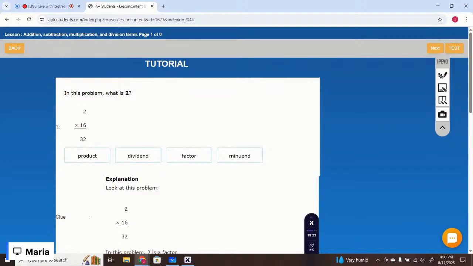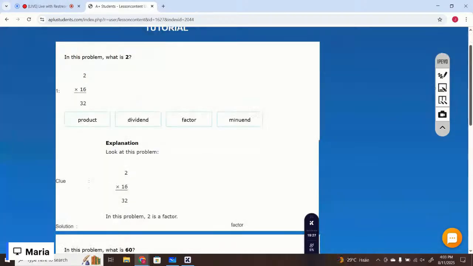In this problem, what is do? So 2 times, right? That means 16 and 2 are the factors of 32.